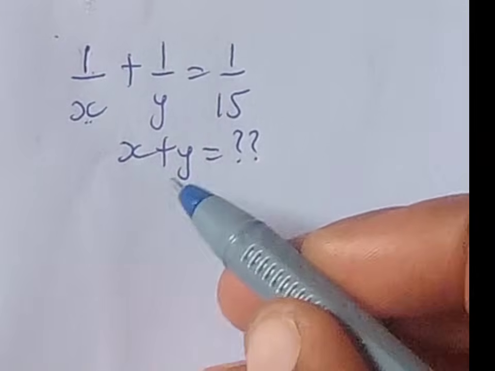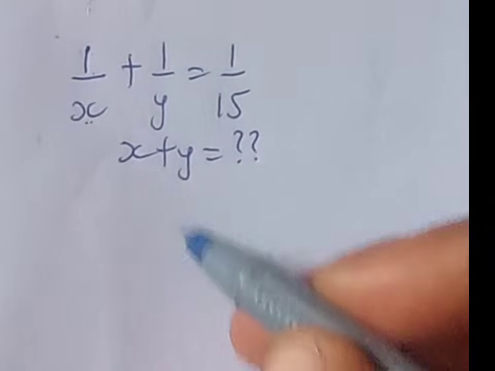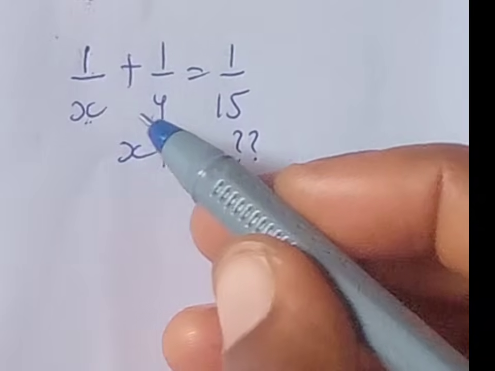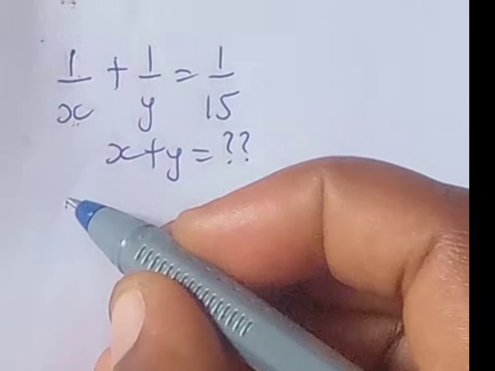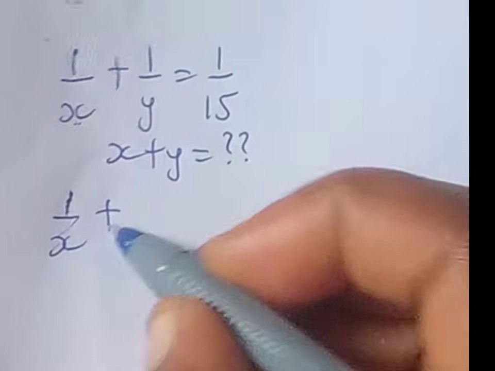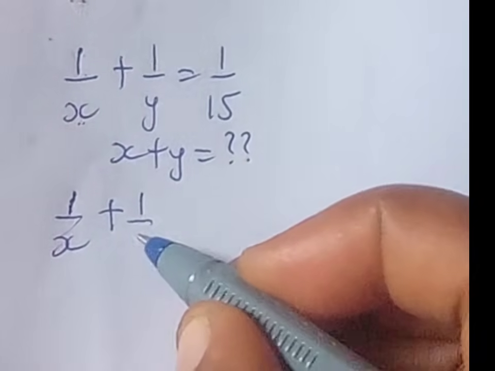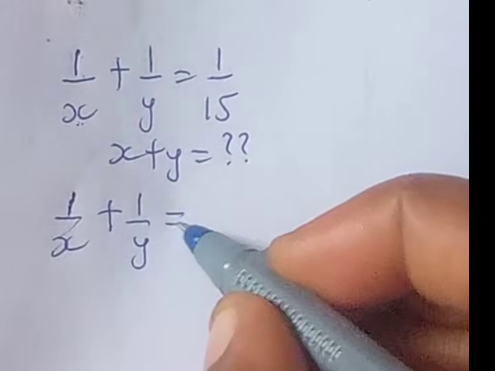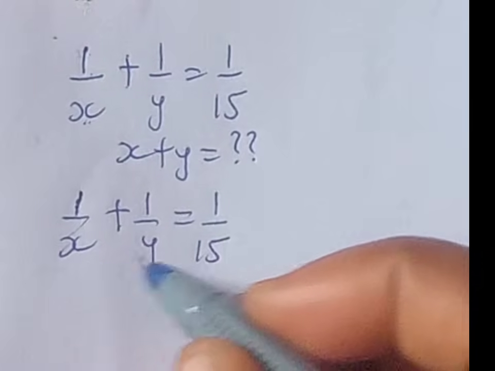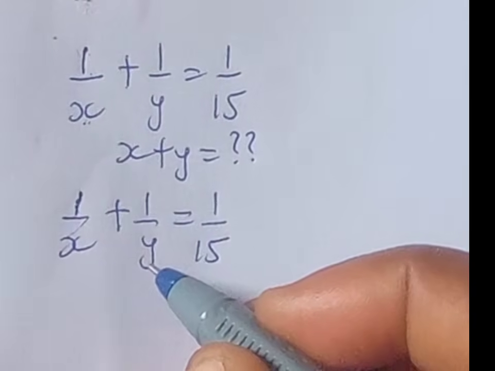Now let's start solving. The first thing is, let's start with combining the two fractions. So we have the first fraction 1 over x plus the second fraction 1 over y equals 1 over 15. Let's find a common denominator.